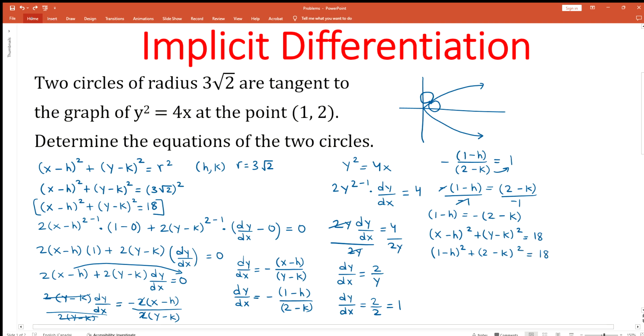Next, we can do substitution for 1 minus h in this equation from the equation we got for 1 minus h. 1 minus h is equal to negative parentheses 2 minus k. So we can do the substitution for 1 minus h.